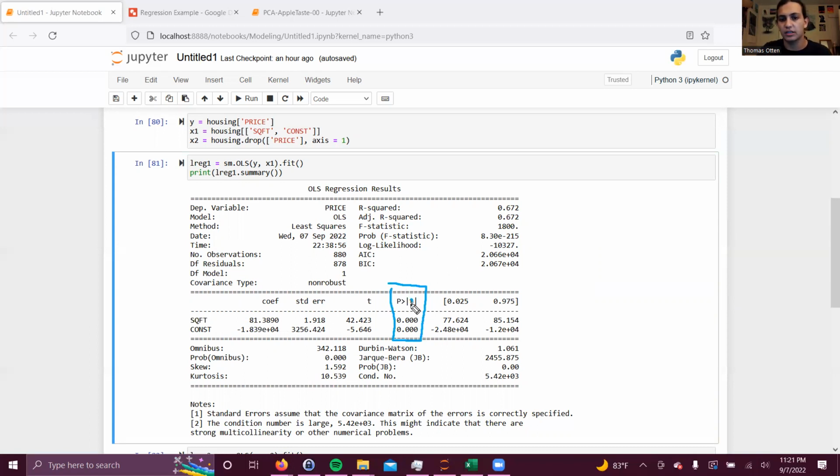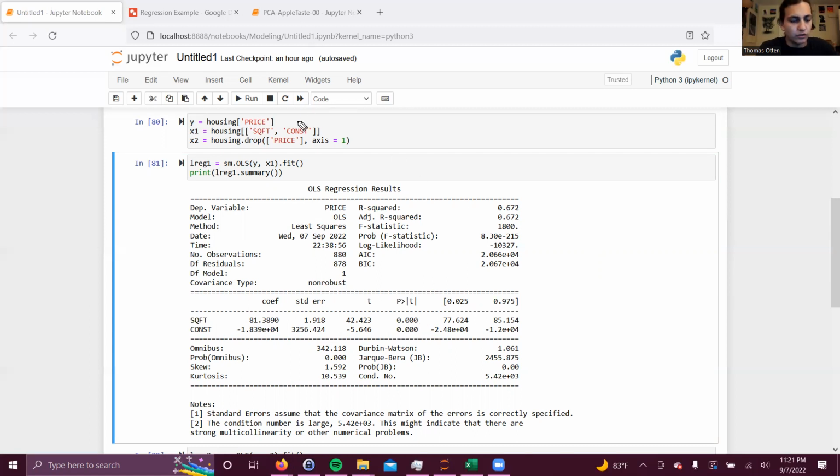It's the probability it's greater than t, and you'll learn that in your statistics class. Right now, all you need to know is this is a probability that this is significant. And so this has a very high probability. It's effectively 100% chance it's significant because there's a less than 0.1% chance it's not significant.